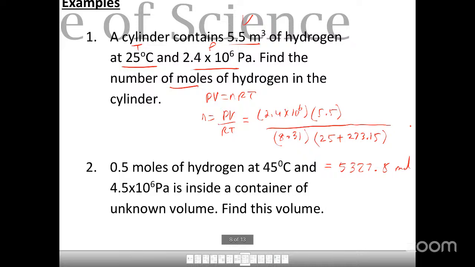Wrong equation. Sometimes what happens is when I write it out, I type it wrong.